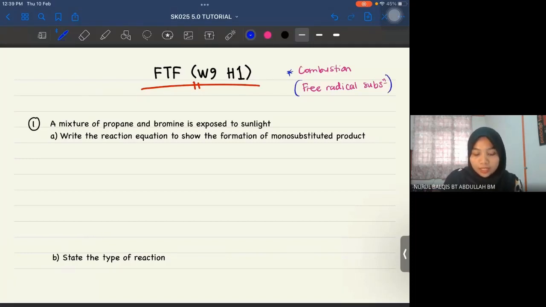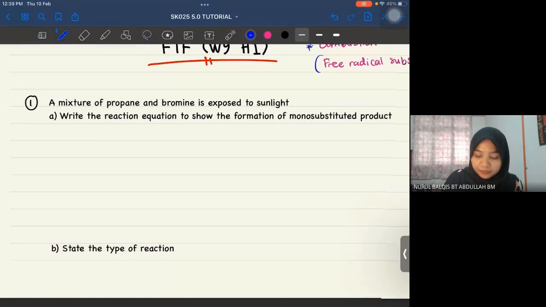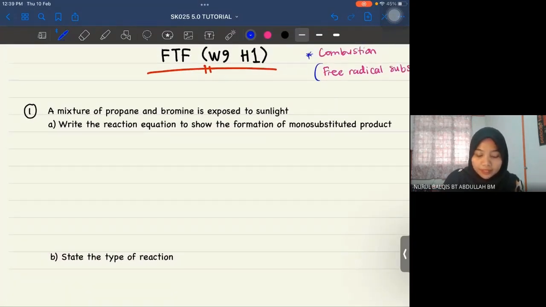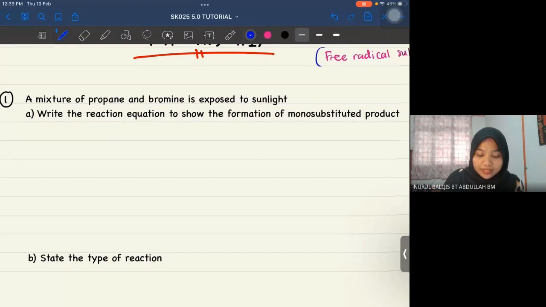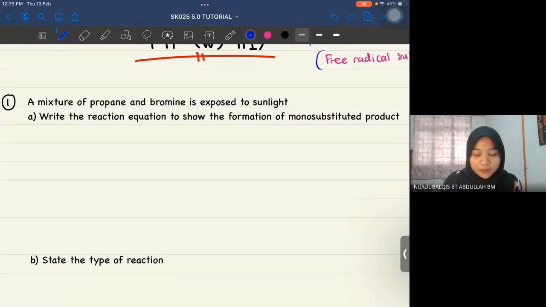Okay, so you are given this question. A mixture of propane and bromine is exposed to sunlight. Write the reaction equations to show the formation of monosubstituted product. When we say monosubstituted product, we replace only one bromine at a time. That is the meaning of monosubstituted product.